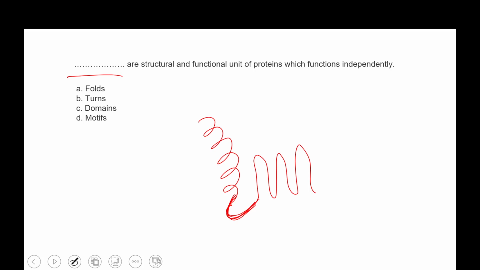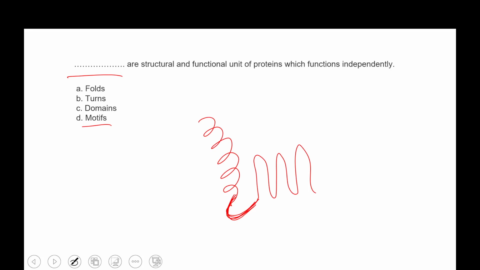A motif is a series of secondary structures. You can say a super secondary structure. So motifs are referred to as super secondary structures, where there will be a series of secondary structures.